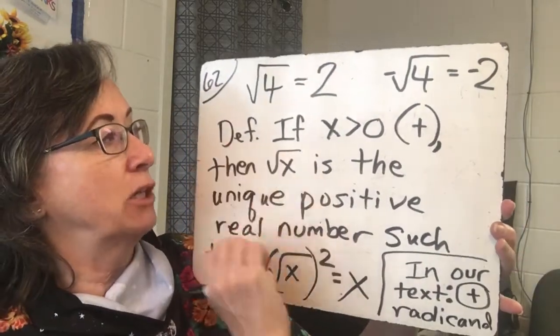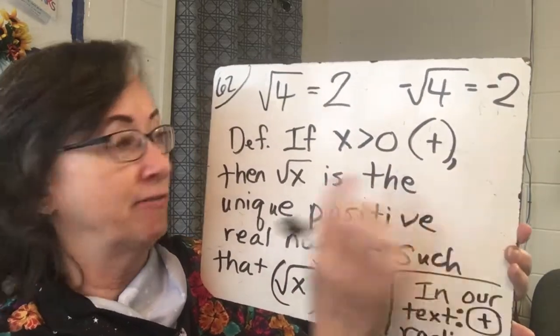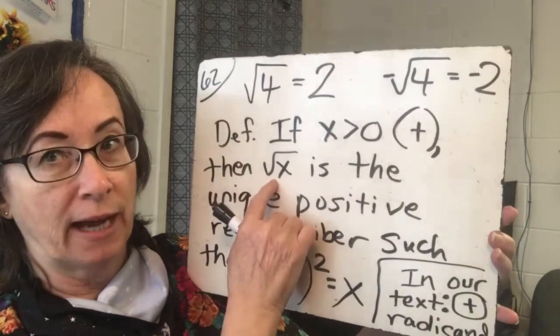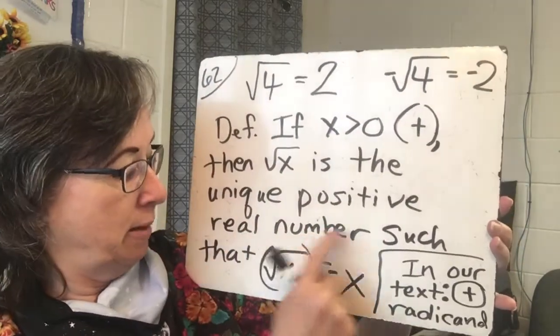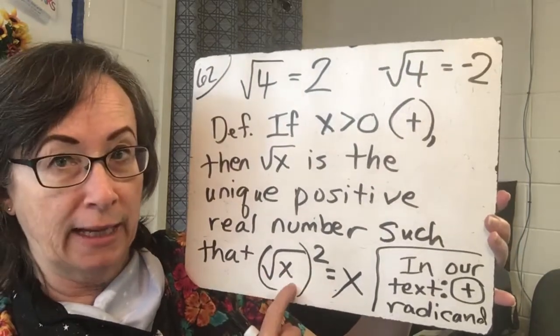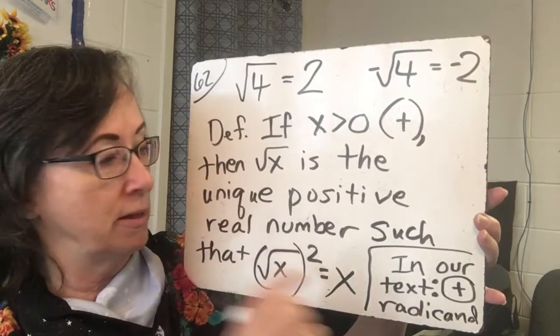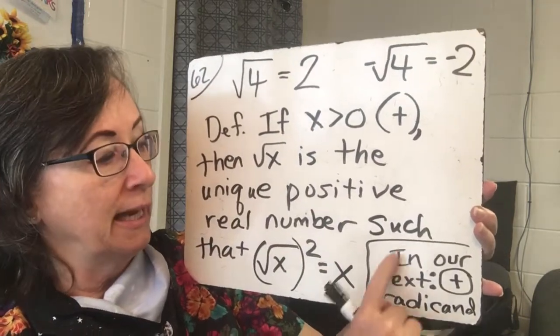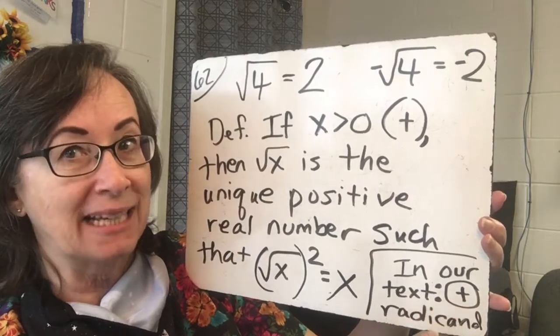Now, definition: if x is greater than 0, which means it's a positive x, then the square root of x is the unique positive real number such that the square root of x, squared, is x. Now, note that in our textbook, there's a little note. In our textbook, we will always have a positive radicand.